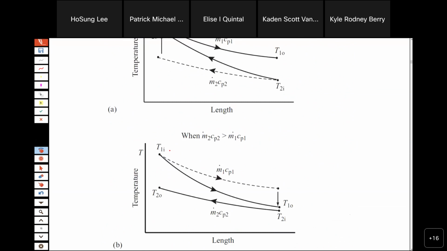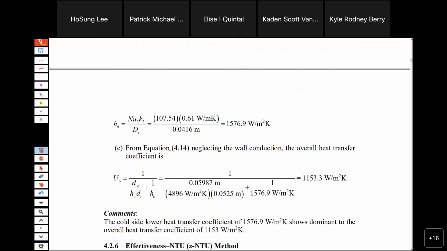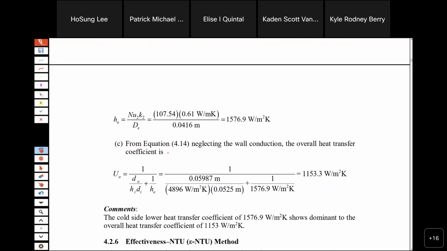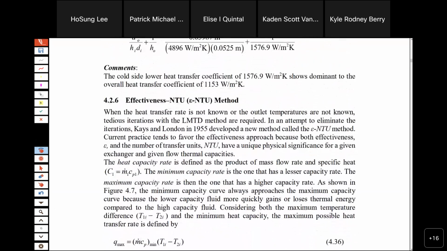Oh, this is important now. Effective. This is so important. Wake up, everybody. Okay, you got to understand this. Effectiveness NTU method. People are saying LMTD method.